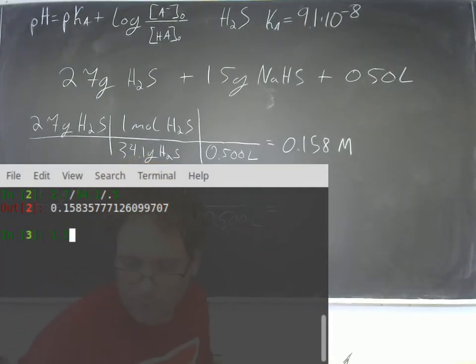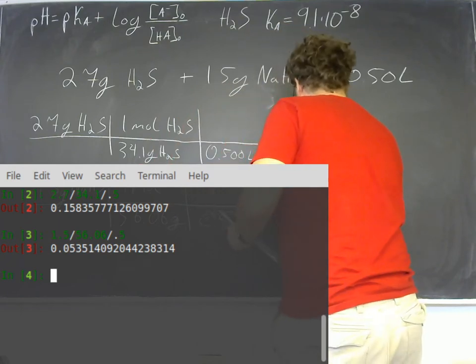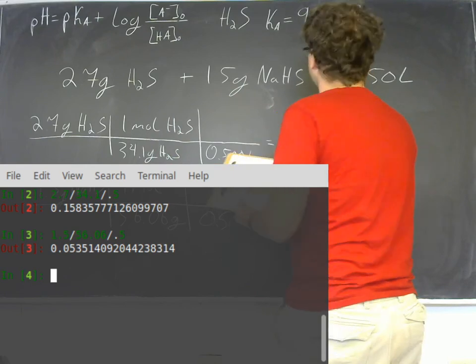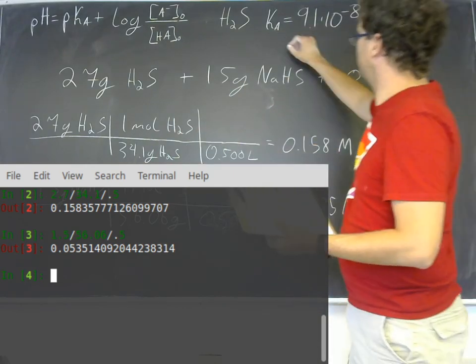So 1.5 divided by 56.06 divided by 0.5. Now this is going to be only 0.0535 molar. And then let's figure out what the pKa is.